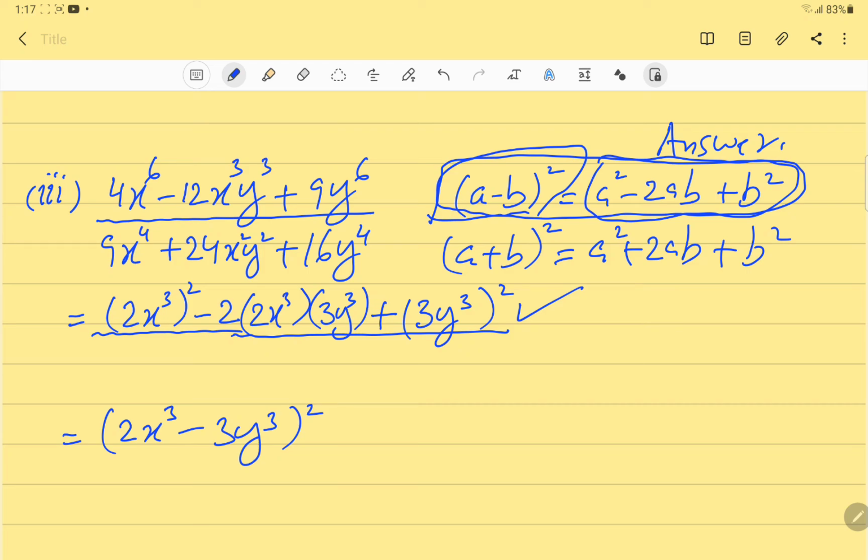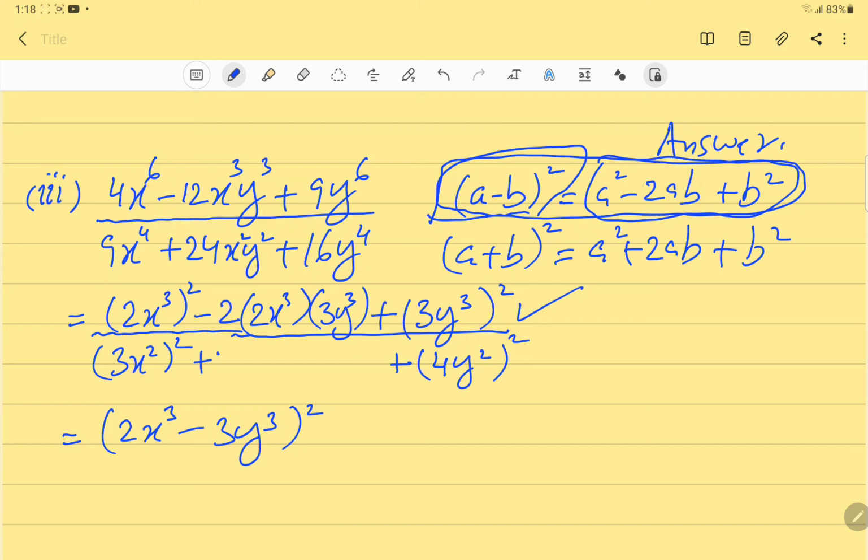Now we move towards our denominator and try to do the same operation. 9x raised to power 4 is a complete square of 3x squared. Then the final one, 16y^4, is the square of 4y squared.